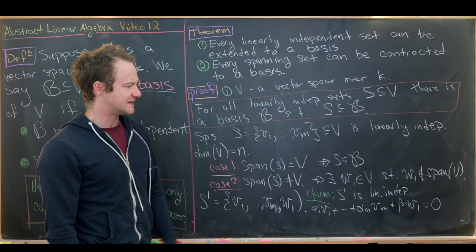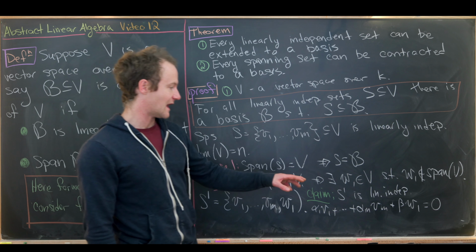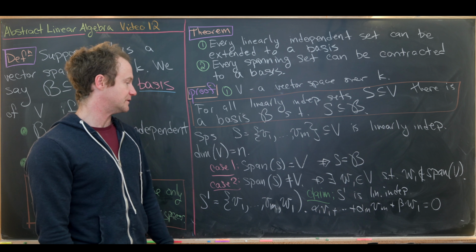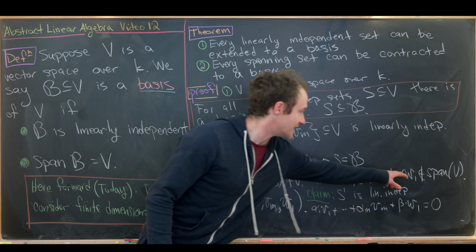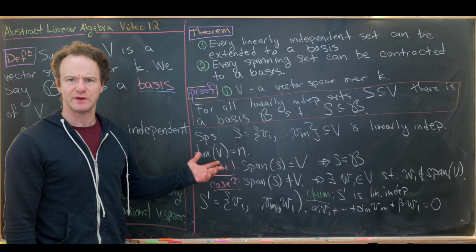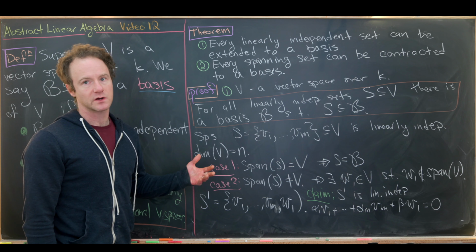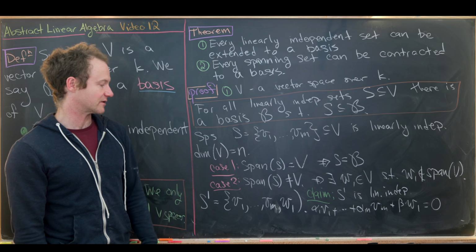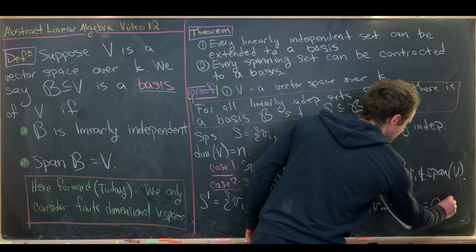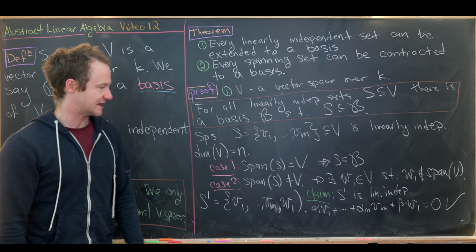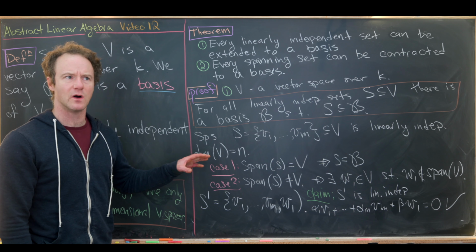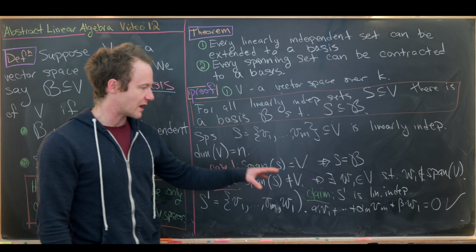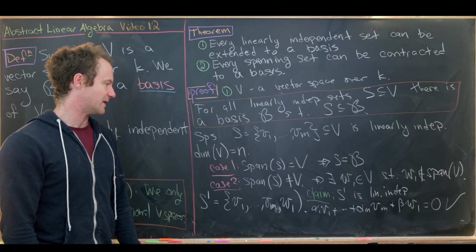But then if beta is not equal to 0, we can solve for W1 in terms of V1 up to Vm, which tells us that W1 is in the span of S, which we know is not true. So beta has to be 0, which proves that this has to be linearly independent. I did that with words, but write down all of the details if you feel like you need to. We did an argument like this in the previous video. So anyway, we've got S prime is linearly independent.